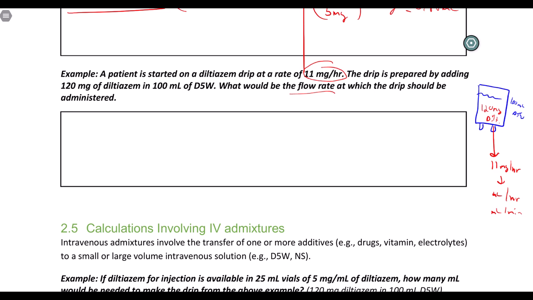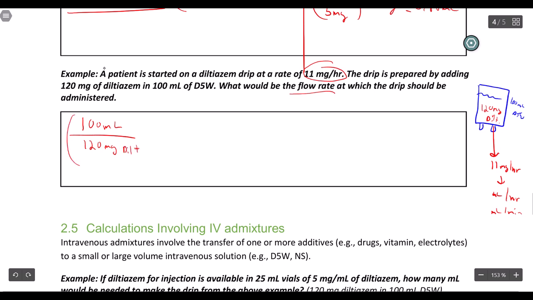So again, we know that we've got a concentration of a drug and we're doing 11 milligrams per hour. It's a very simple setup where you have your concentration. The thing that I want is on top. I know that 100 mLs, mLs is what I want, contains 120 milligrams of the dilt. Sorry for the skipping around there. If 100 mLs contains 120 milligrams of dilt, how many mLs is it going to contain if I want 11 milligrams of dilt?